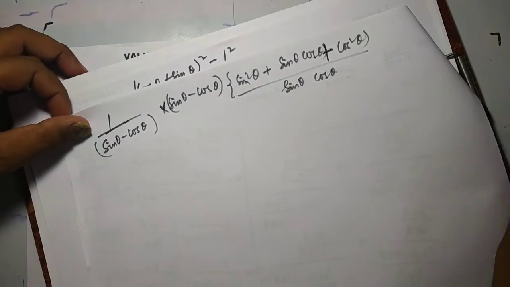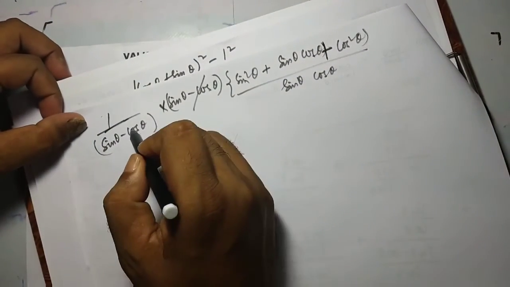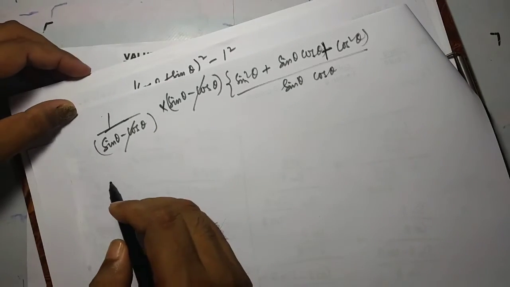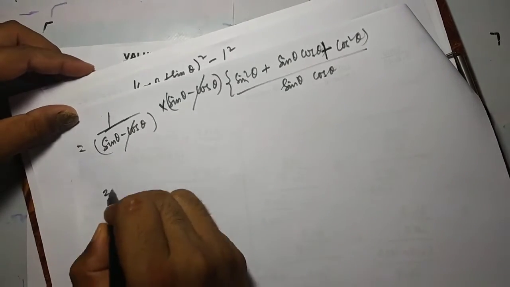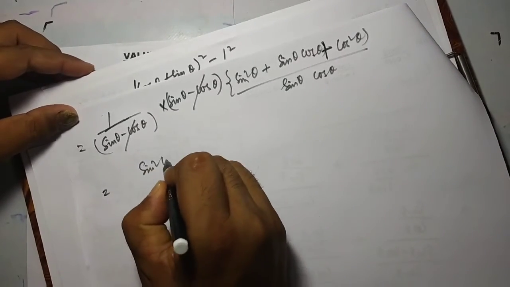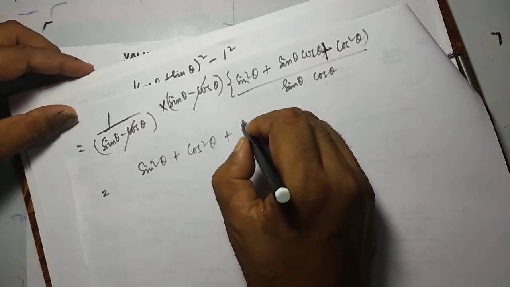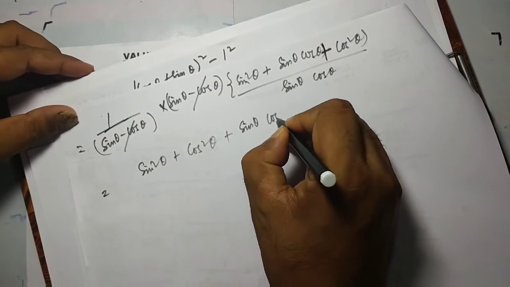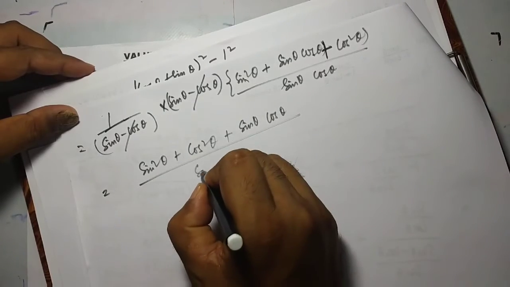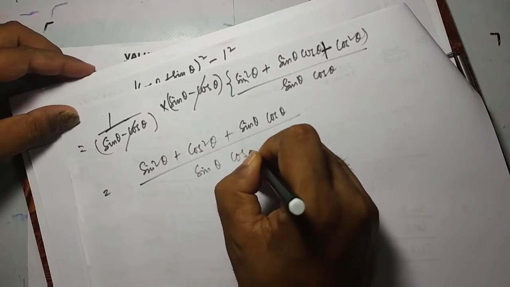So sin theta minus cos theta is neutral, so it is coming sin square theta plus cos square theta. Rearranging, it will be sin theta cos theta over sin theta cos theta.